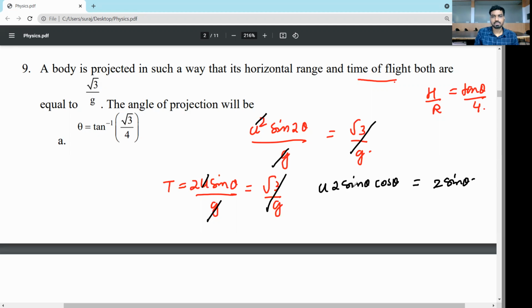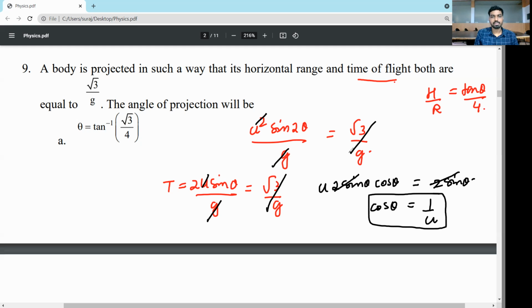Correct? This gets cancelled. So cos theta is equal to 1 by u. But the u value is not given, right?